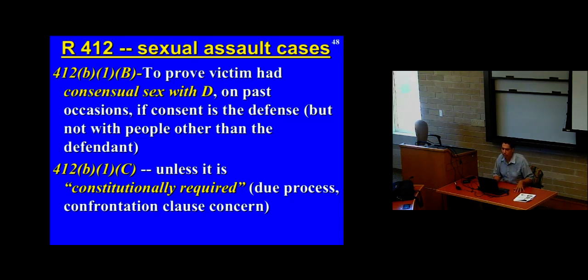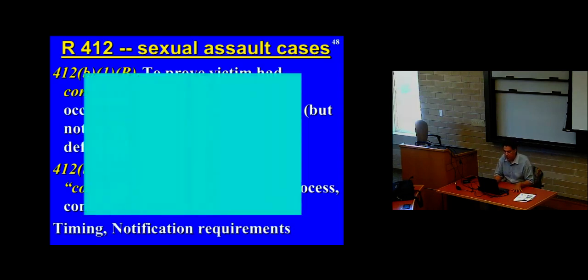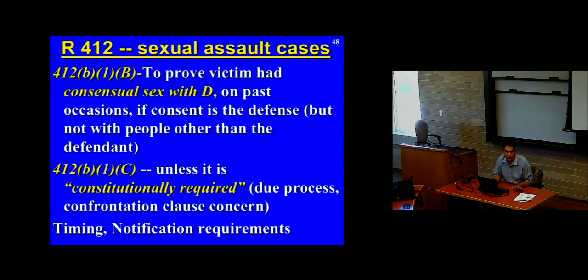But often those circumstances are very, very rare where a judge will find that something is constitutionally required. There are various timing and notification requirements to make sure that the victim is not victimized again. So a lot of this has to be done under seal.